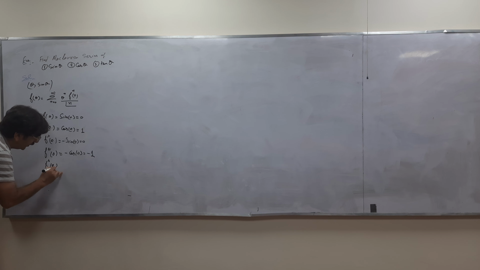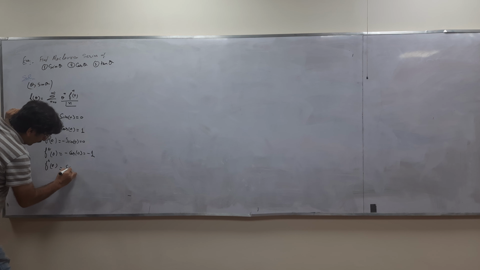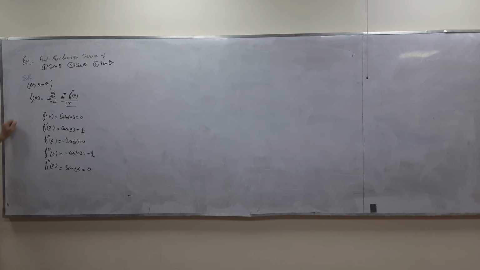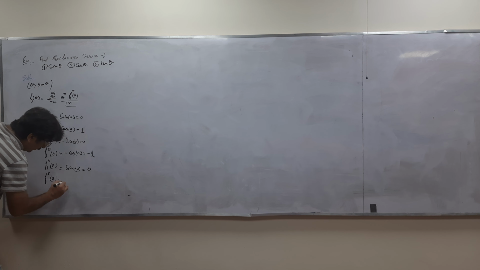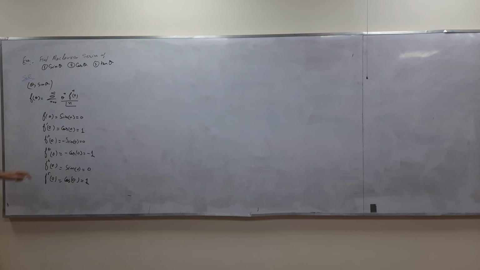The fourth derivative will again be minus minus plus, that will be 0. The fifth derivative is cos theta, that will be equal to 1. The derivative of sine is cos. So 0, 1, 0, minus 1, 0, 1.